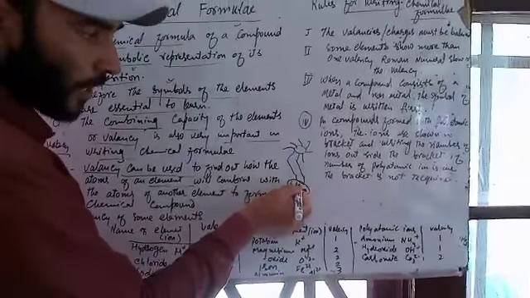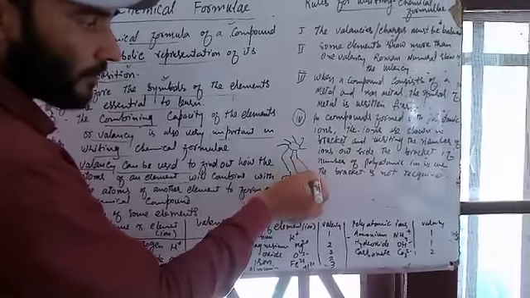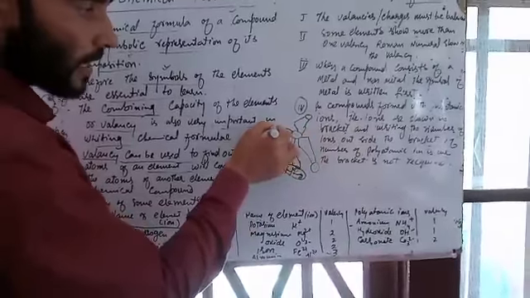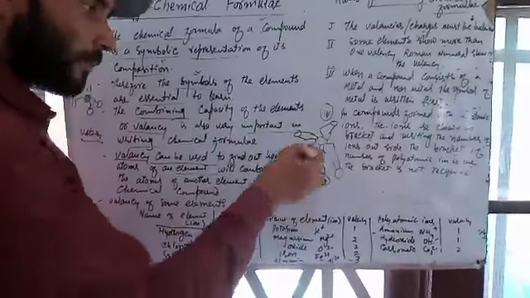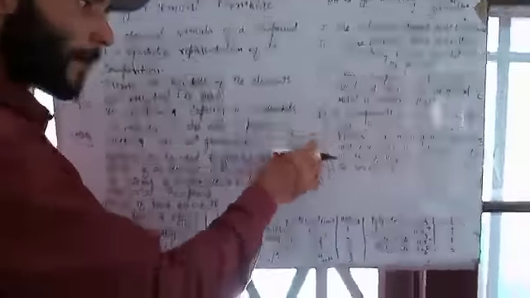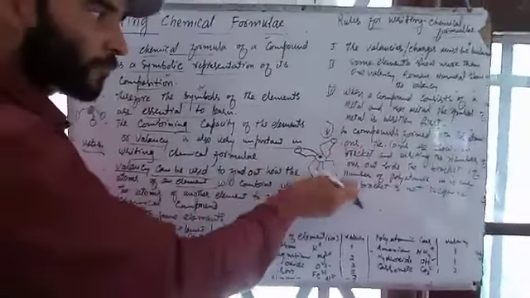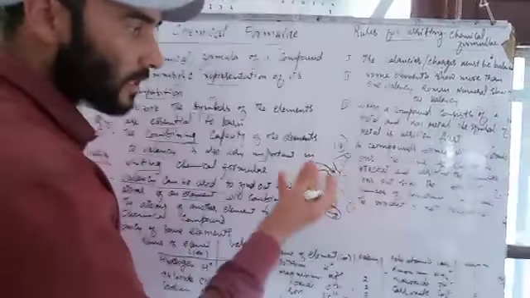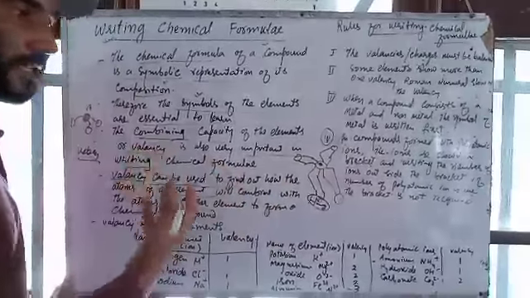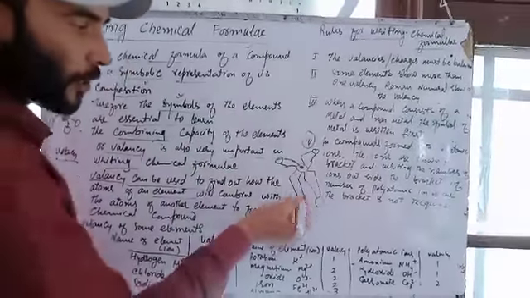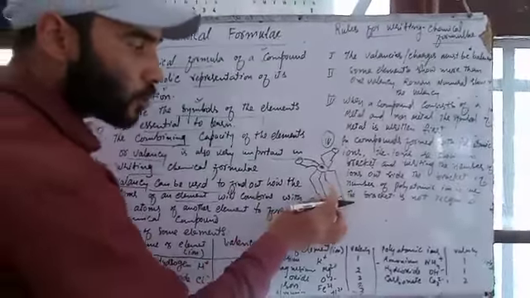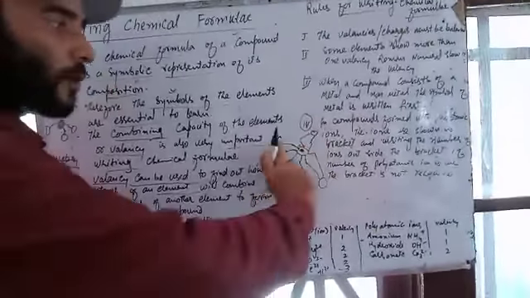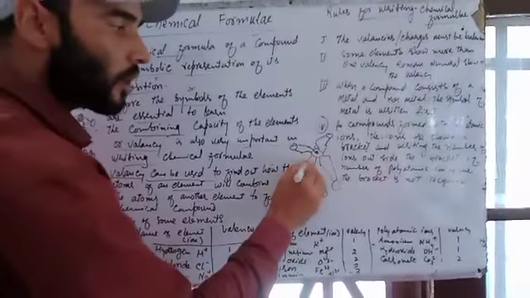Another human again having 2 arms, another human, another human. That means an octopus can occupy 4 humans. This is the example of valency, that means combining capacity. A human can combine with its 2 arms, but the octopus can combine 4 humans because it has 8 arms.